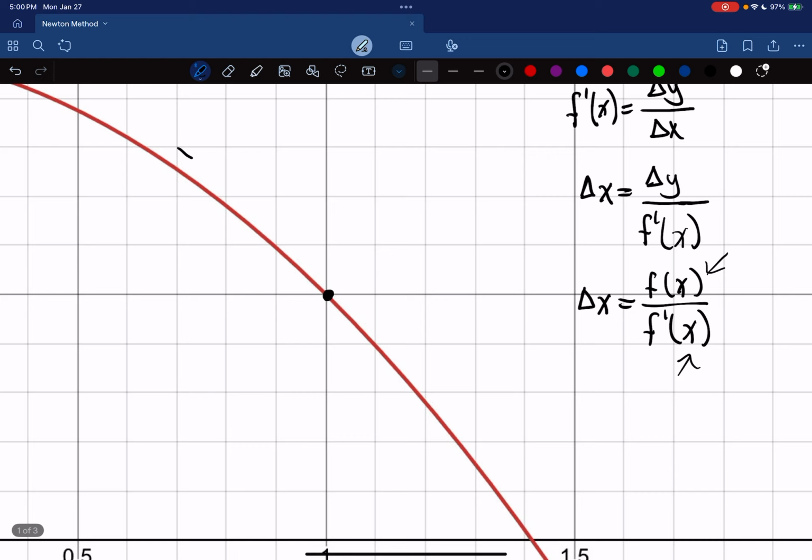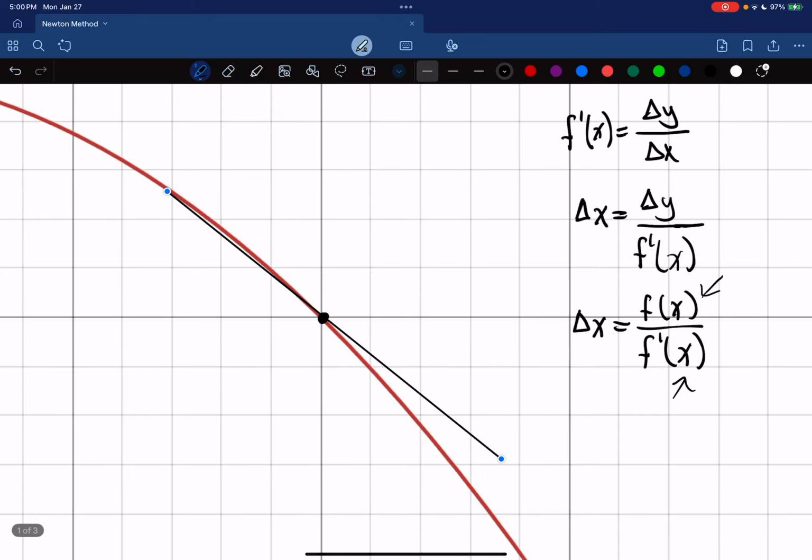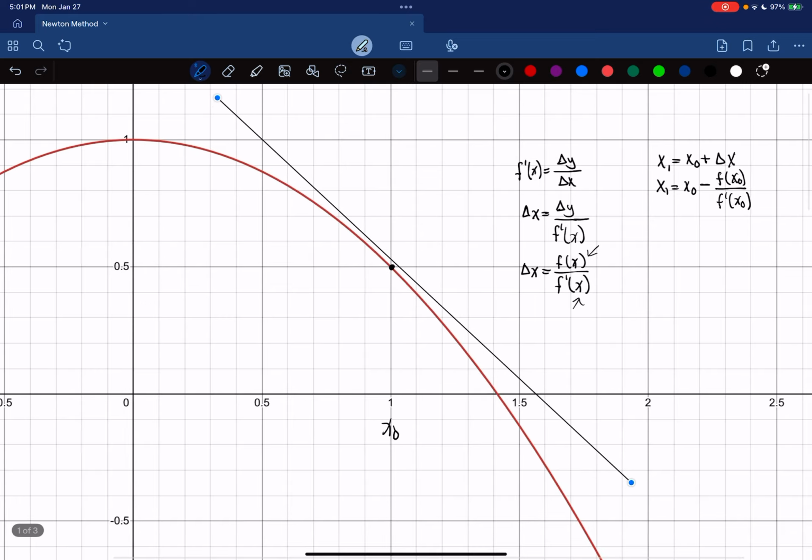The reason I didn't choose this point to begin with is because I wanted the triangle to be big enough so you can really see what's going on. But now that you saw that part, now we will choose something like this. So there you go. That's going to be my tangent line. Trying to really make it good. There you go.